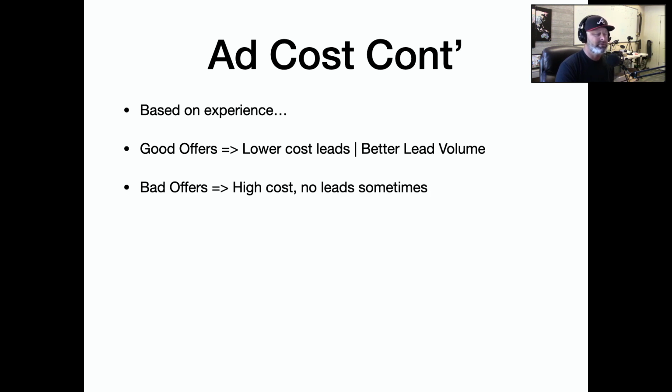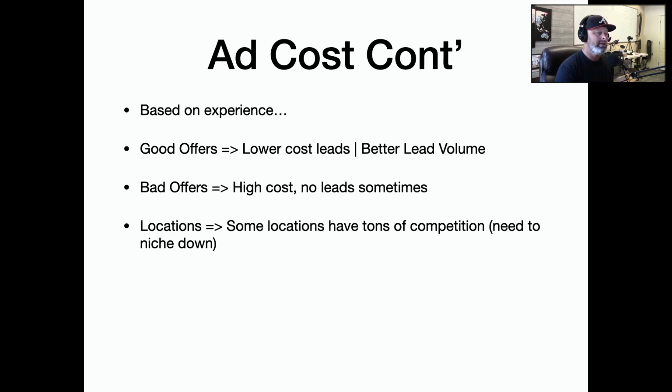Bad offers. So a bad offer would be like a consultation. That's not really an offer. An offer that everybody else is doing. So if you're a chiropractic clinic and you're doing a $21 new patient offer and adjustment exam, people have seen it. So that's not a good offer. Like that offer is tired at this point. Okay. And then locations.